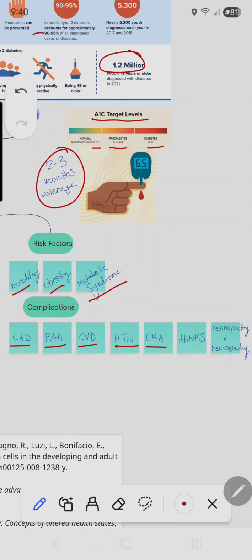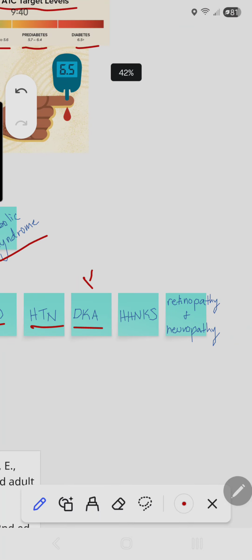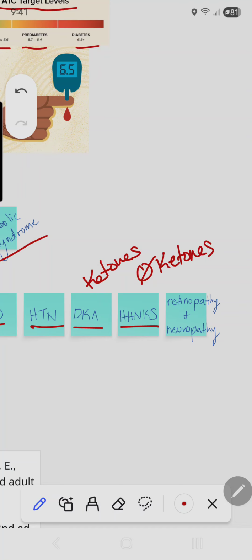We talked about DKA, or diabetic ketoacidosis, and this is where you're going to find ketones in the urine, and this is produced because the body has exhausted all of its other resources. HHNKS is a syndrome that is very similar to DKA, except you don't get any ketones in the urine, but you still have high blood sugar and you still have some other symptoms that are very similar.